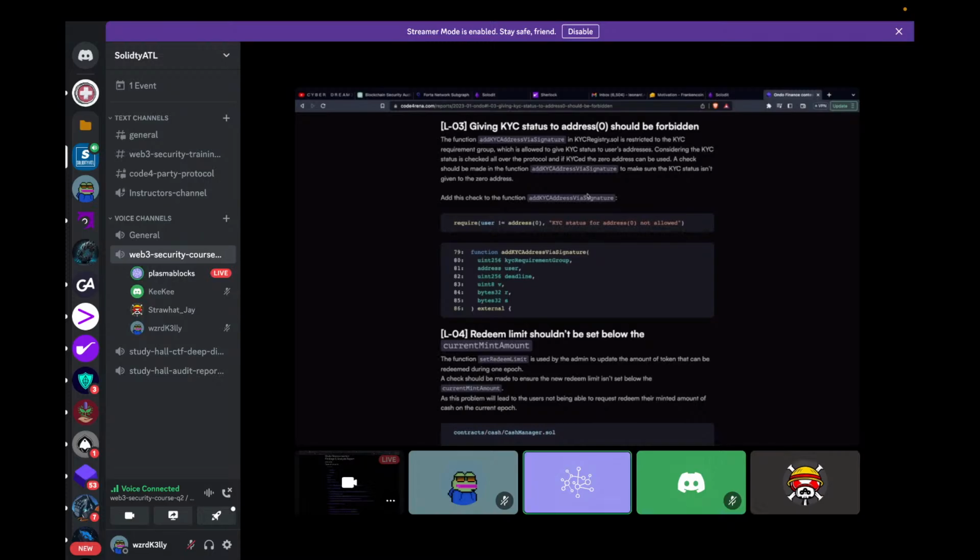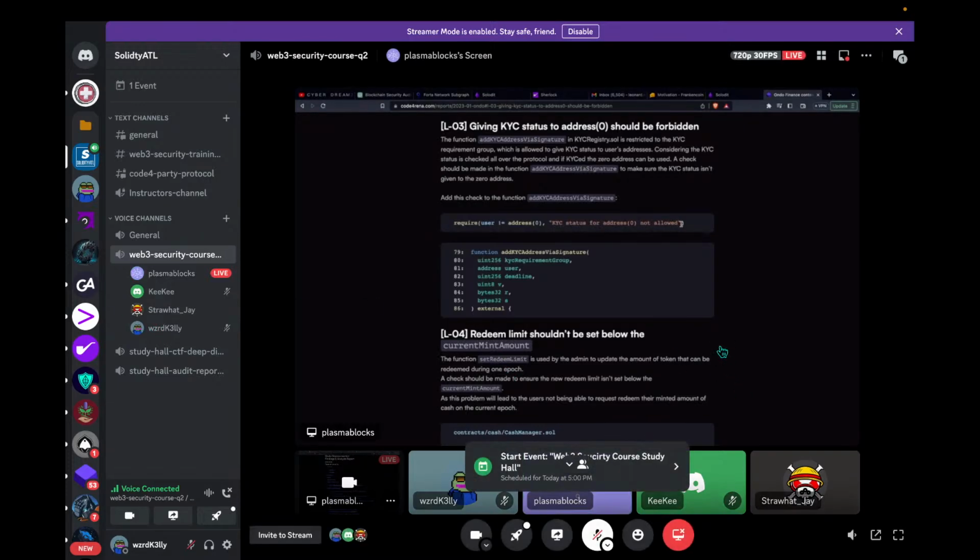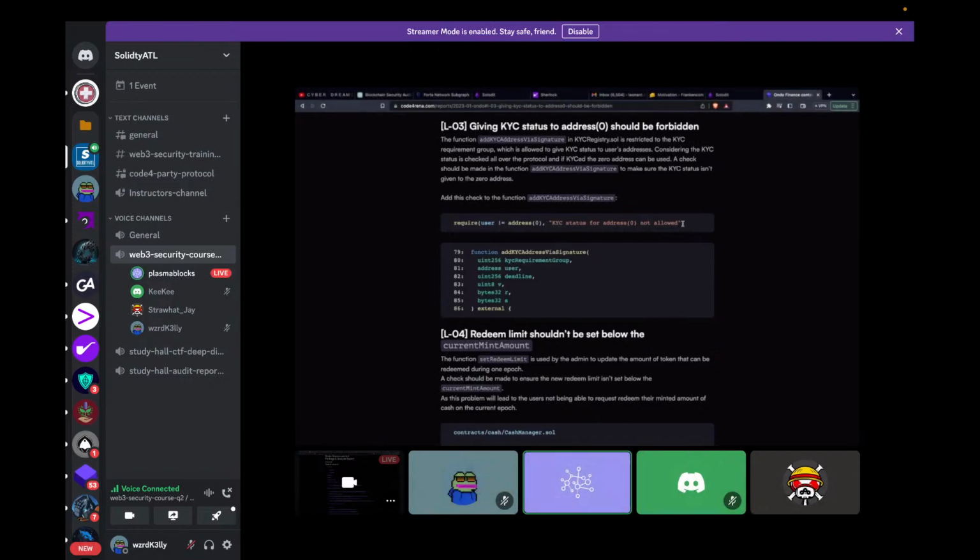And what I think this vulnerability is saying is, hey, add this line so that no one can make this mistake of setting up KYC for the zero address. So this one seems more like a coding practice than an exploit, which is why I think it's low.